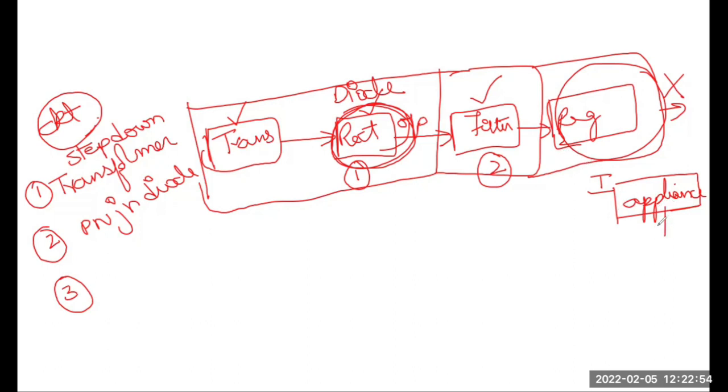Instead, in place of an appliance, we place a resistor, which we call the load resistance. Any electronic circuit's end application should be tested theoretically with a resistive load. In real time, that resistive load gets converted to one of the appliances that we use at home. So the circuit of this rectifier should end with a load resistance RL.